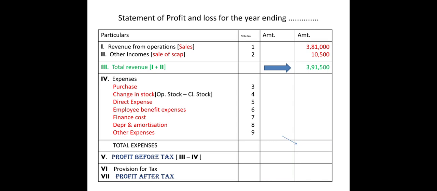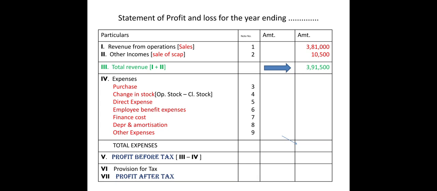So what is the cost of raw material? Yes, the cost of raw material of the business is 1,87,500. So 1,87,500 is the cost of raw material purchased by the company. So, student, can you tell me under which heading we should write this?